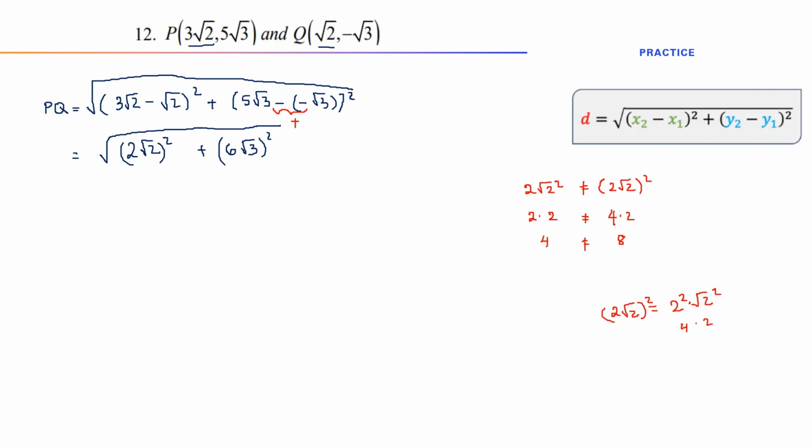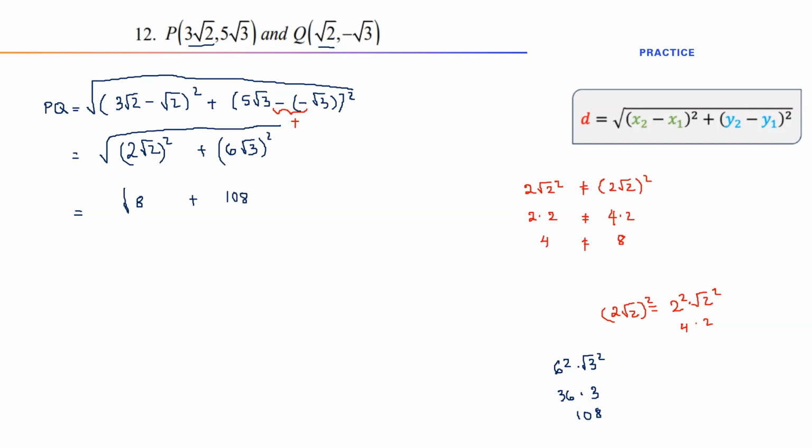Alright, now we continue. So we have 2 square root of 2 all squared is 8, because 2 squared is 4, square root of 2 squared is 2, and 2 times 4 is 8. Plus, similarly, we have 6 squared times square root of 3 squared, and that will be 36 times 3, which is 108.